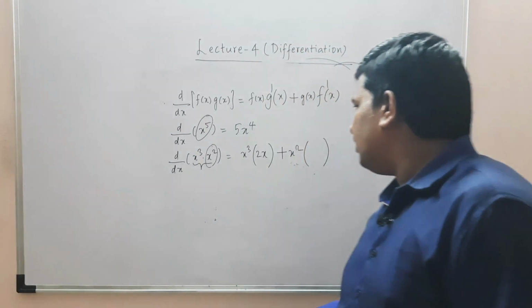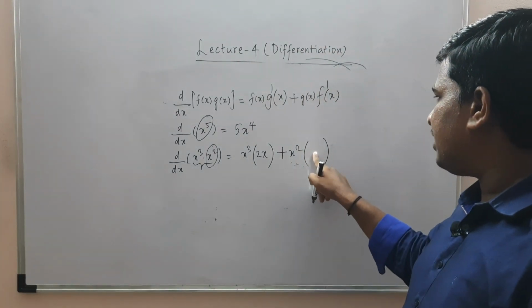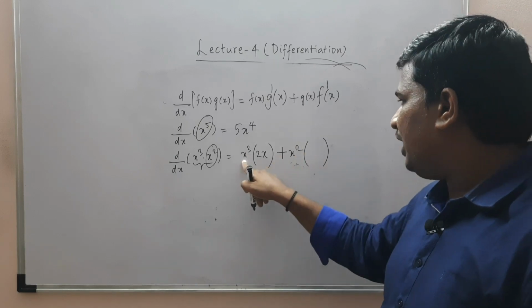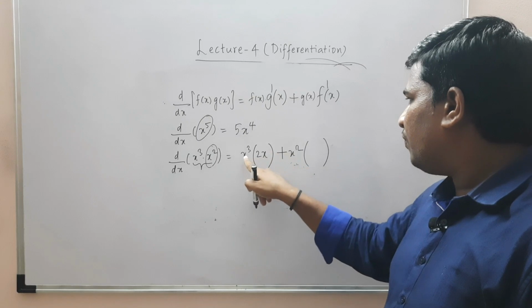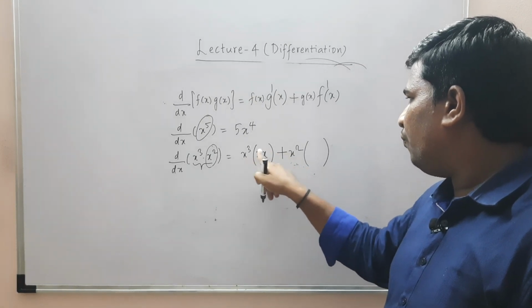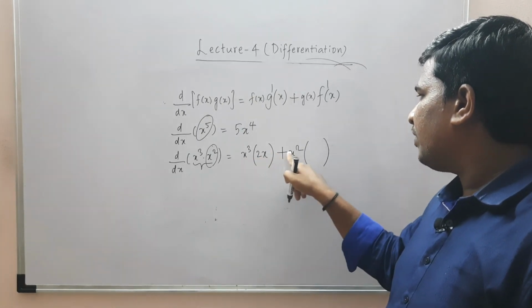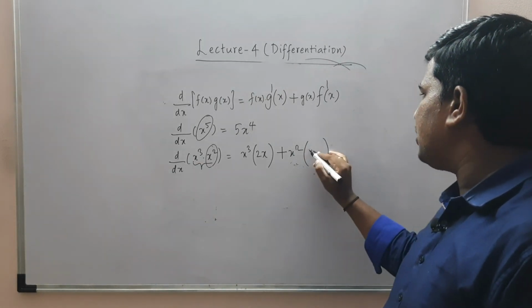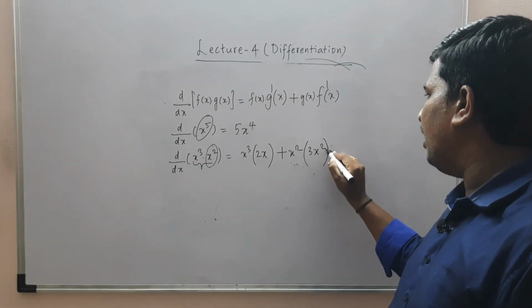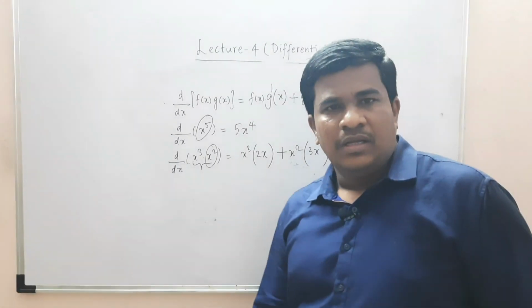Whose derivative must I write here? So u means its derivative. So x cube derivative is 3x square. Are you clear?